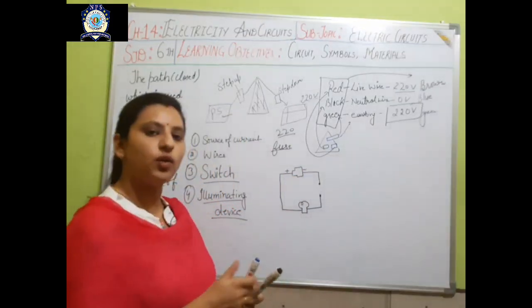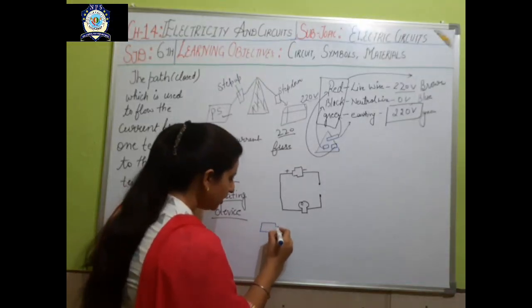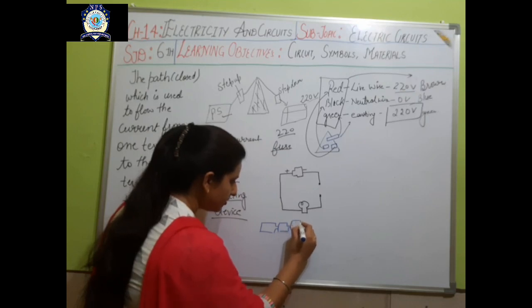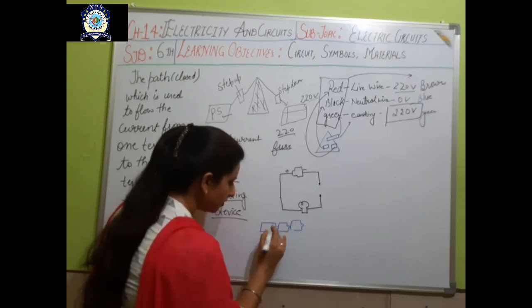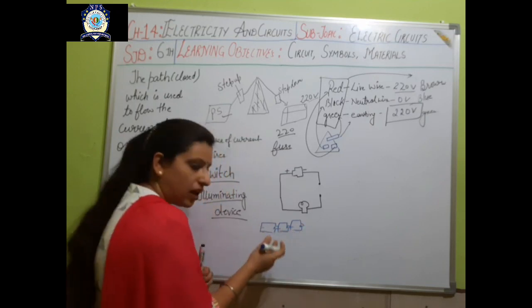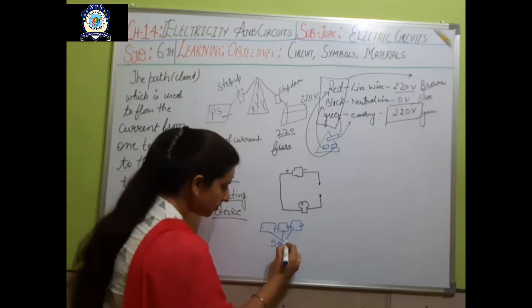One more thing I want to add is that if the cells are connected with each other in series, one after the other, positive, negative, positive, negative, then this is the series connection.